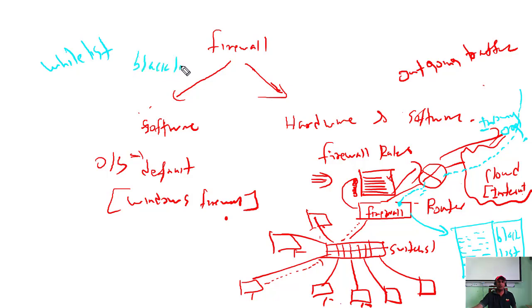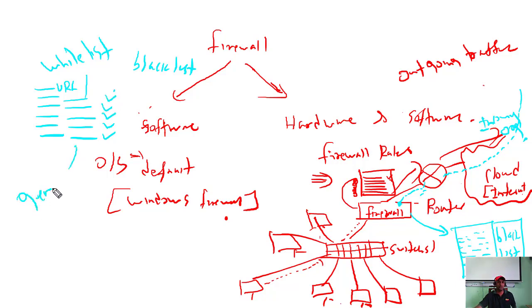Whitelist means it's a listed website or URL, Uniform Resource Locator. These URLs are allowed. Allowed means you can go without any issue. These are genuine traffic.